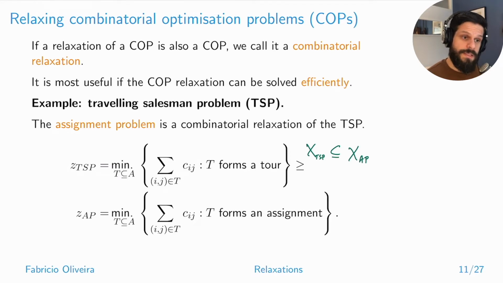Because this is a relaxation, once you find a feasible solution, we can once again use that proposition to show that this is an optimal solution for the TSP. So that's why I wanted to mention that.